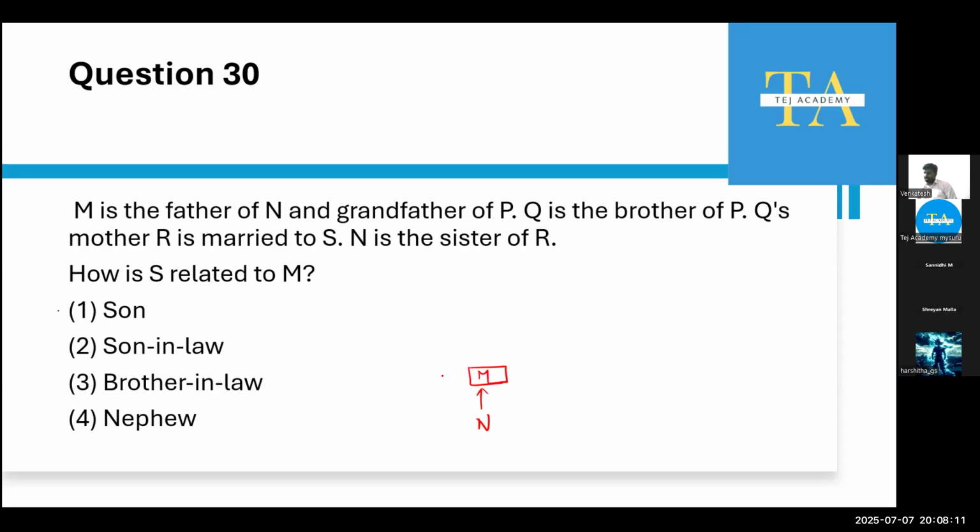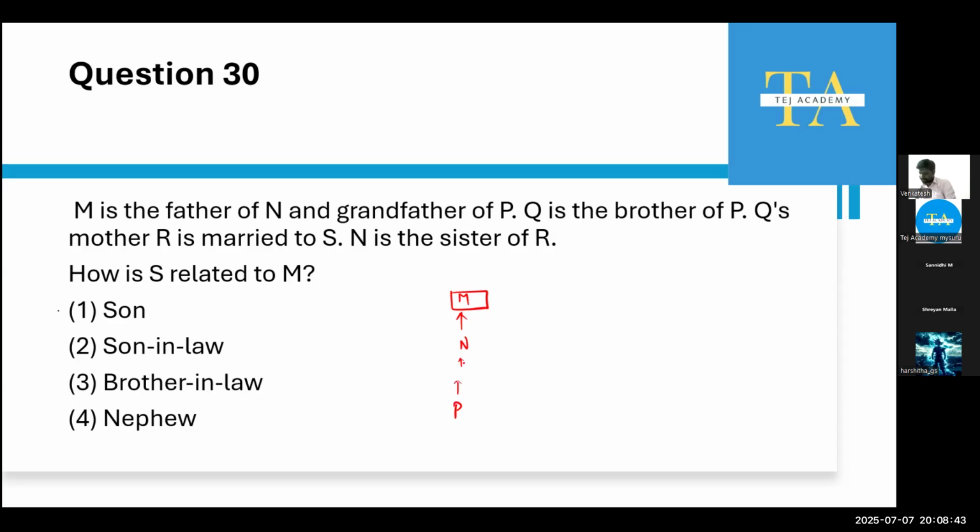And grandfather of P. So P's grandfather, grandmother is which generation?